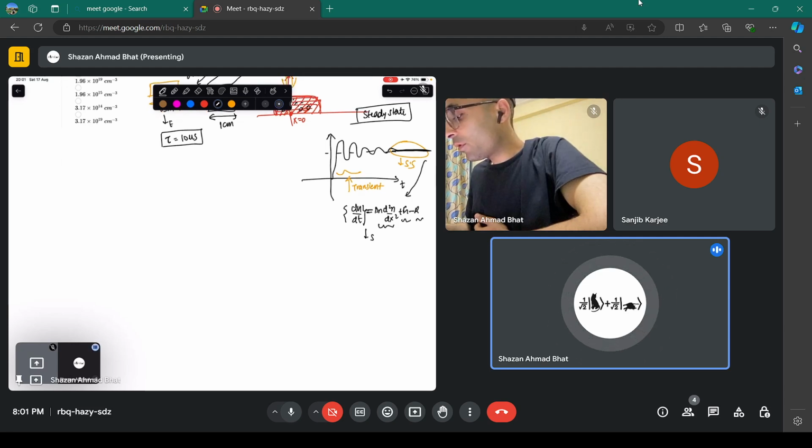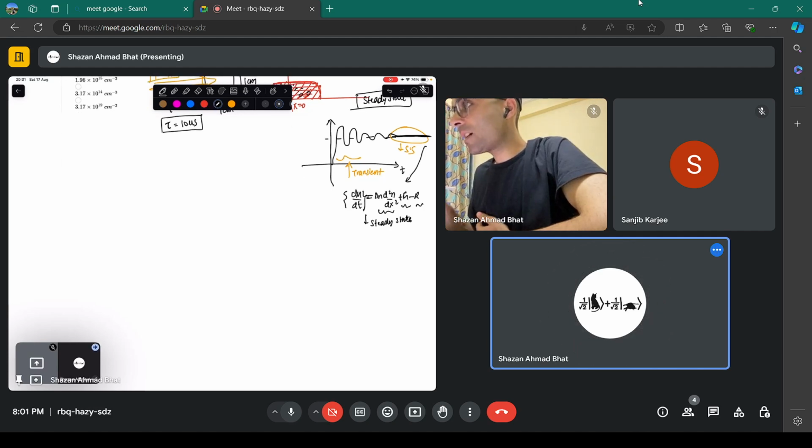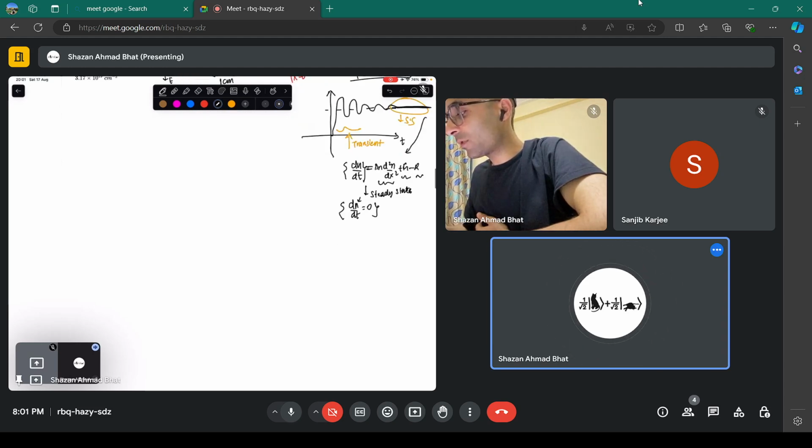Now, if you want to solve this in steady state, we assume that it is very long after the application of the external force, so long that with respect to time there will be no changes. That means we assume that dN by dt is equal to 0. No change of electron concentration with respect to time.